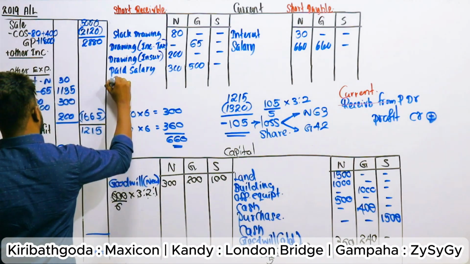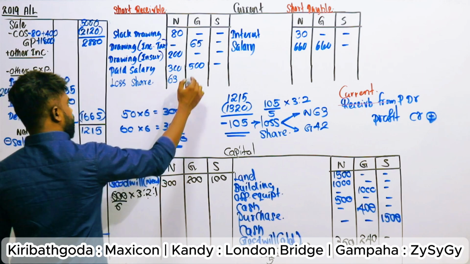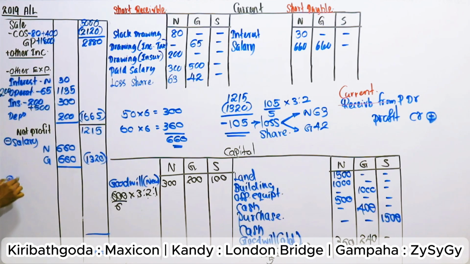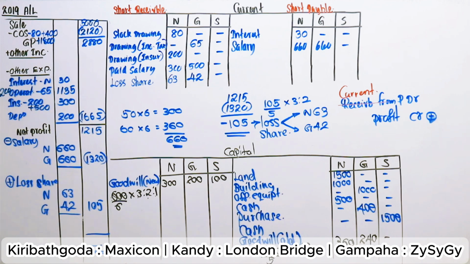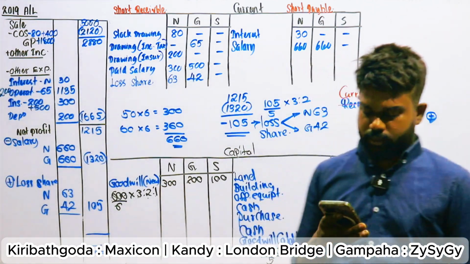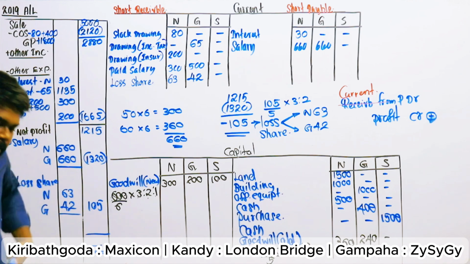Current account debit, loss shares 63, 42, added to the profit again. Profit will be 0. Okay.